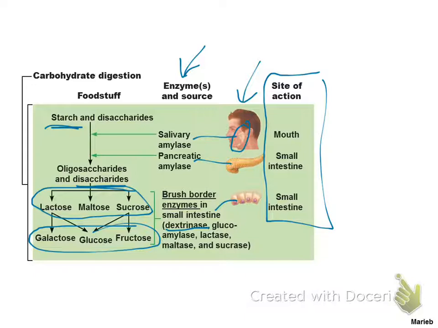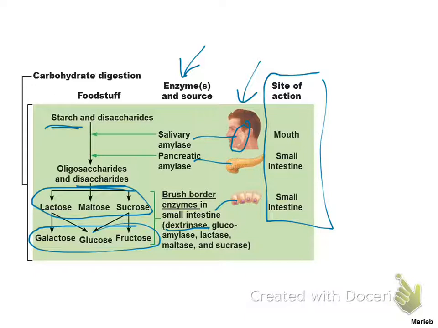And why was that again? Why was that happening in the small intestine? Because we have to get them to that size in order for them to be absorbed here in the small intestine. That's exactly right.